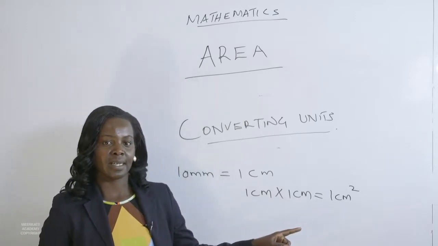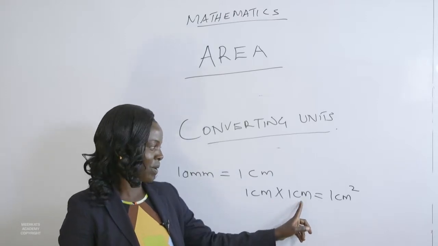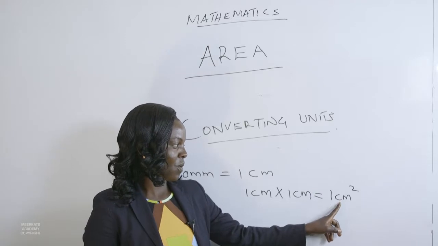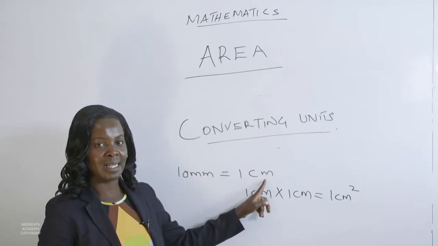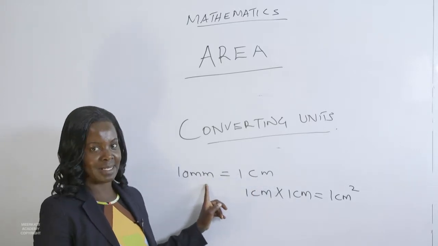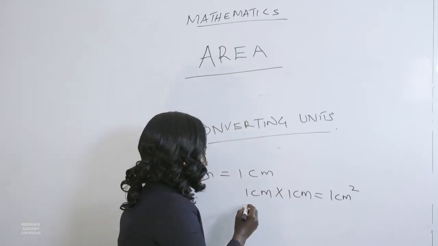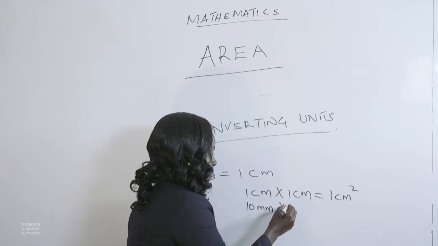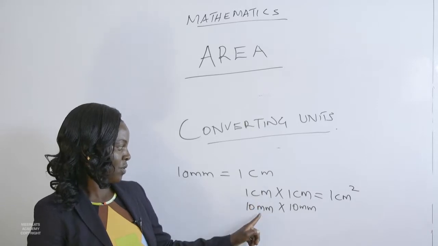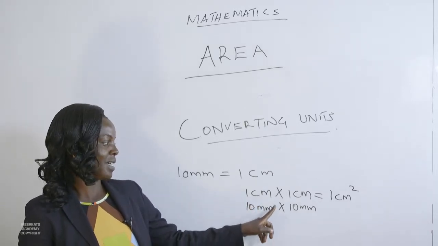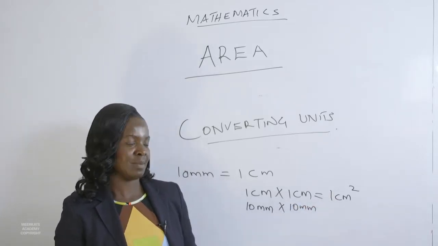For us to get into square centimeters, we normally multiply 1 centimeter by 1 centimeter to give us 1 square centimeter. And we know that 1 centimeter has 10 millimeters. So if we are supposed to convert, then we are supposed to have 10 millimeters by 10 millimeters to give us 1 square centimeter.